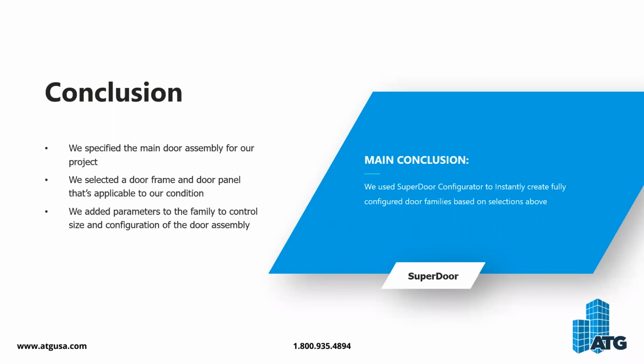And we were also able to use Superdoor Configurator to instantly create fully configured door families based on a very simple 5-step selection method. And in fact, it's really just 4 steps. Once you've got your naming convention set how you want, you're just choosing the assembly, the frame, the panel, and then maybe some parameters. It's very straightforward.